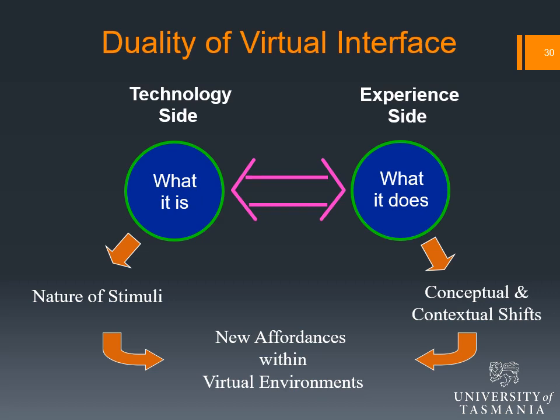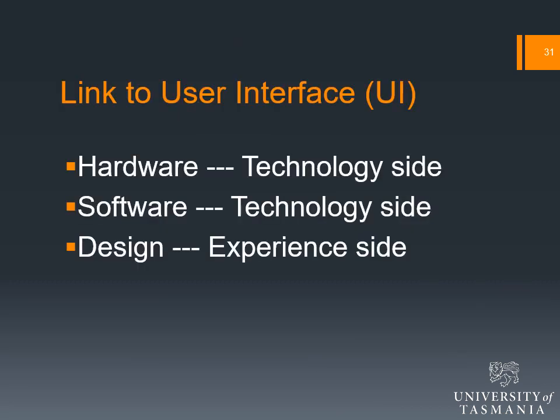And hopefully this concept will keep revisiting, that you keep reminding yourself of what you try to do here when you design an application. It's not just to think about what your application can do, but what the actual hardware is capable of doing. So this links back to the hardware technology, hardware, software, and the design that we talked about in the previous lecture.